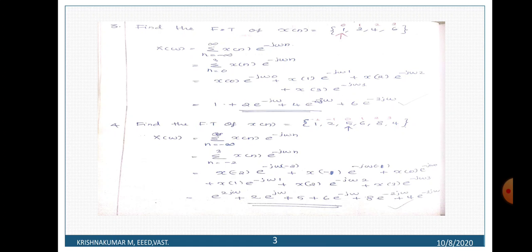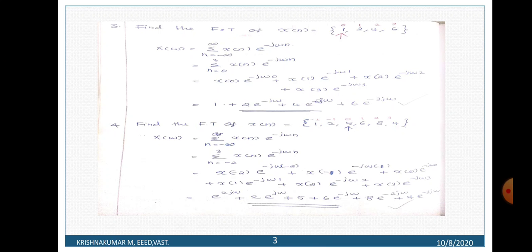What is the value of x of 0? 1, plus x of 1, the value is 2, e raised to minus j omega, plus x of 2, the value is 4, 4 e raised to minus 2 j omega, plus x of 3, what is the value? 6 e raised to minus 3 j omega. So our answer is 1 plus 2 e raised to minus j omega plus 4 e raised to minus 2 j omega plus 6 e raised to minus 3 j omega. I think it is clear.